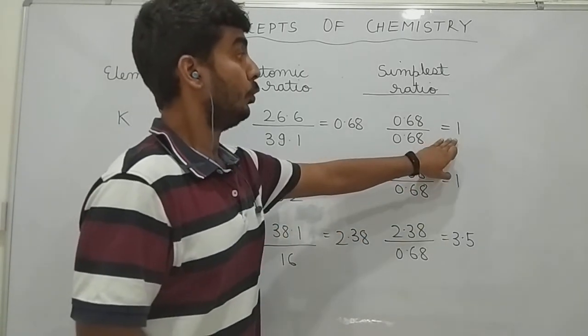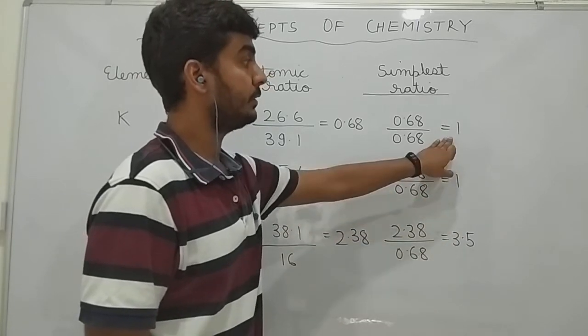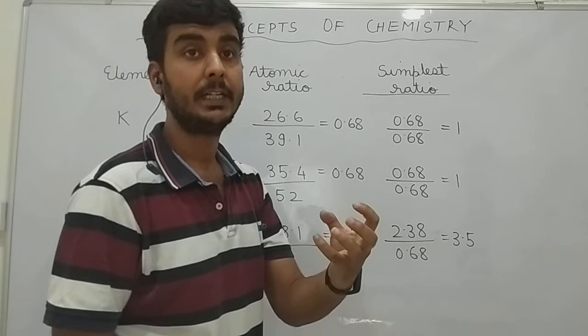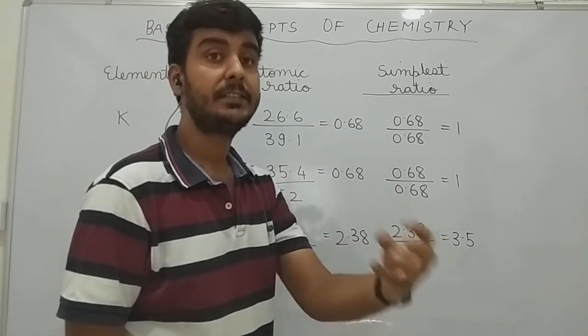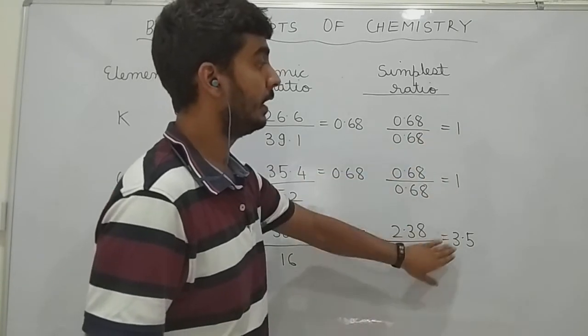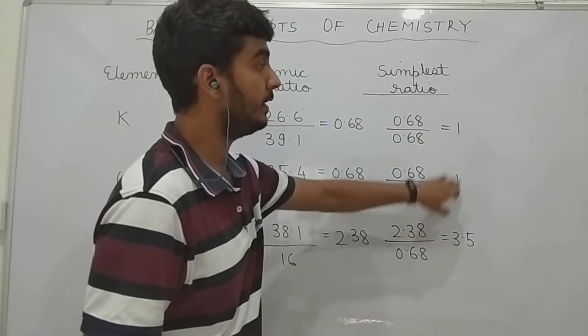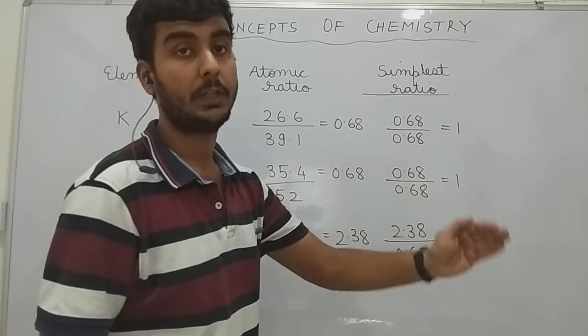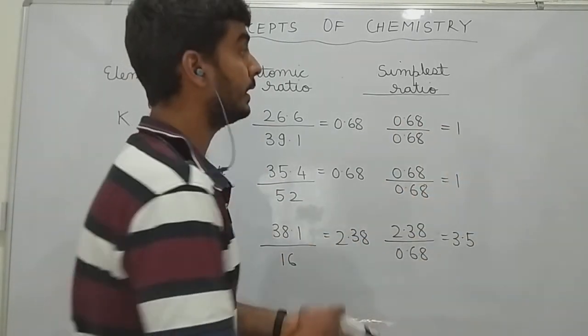So to convert it into the simplest whole number ratio, we have to multiply it by the smallest suitable number. If I multiply all these three by 2, we will get the simplest whole number ratio.